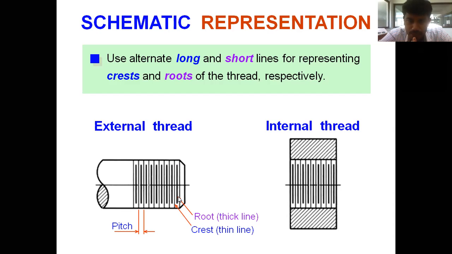Thick means root. Root should be thick and crest should be thin. Similarly for the internal thread, long lines for crest and short lines for root.